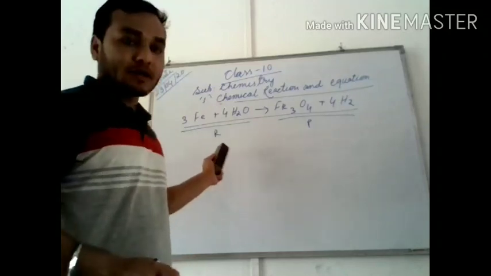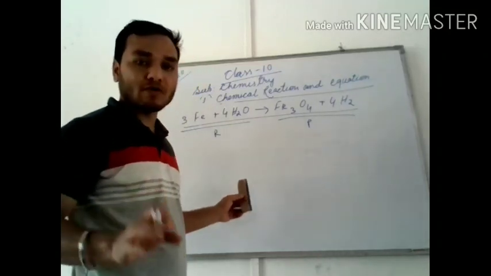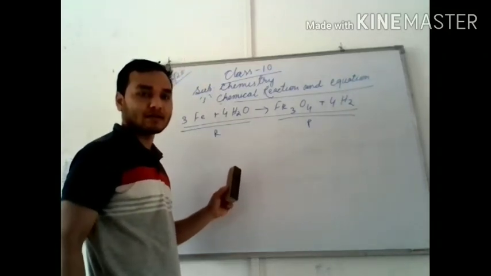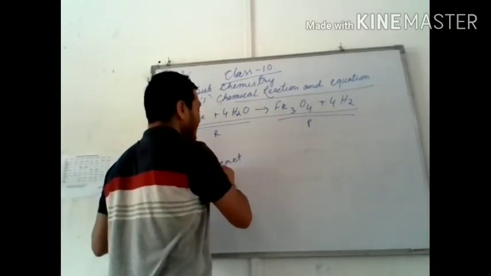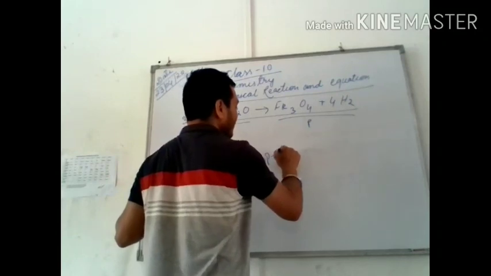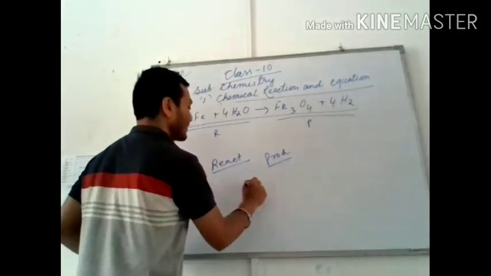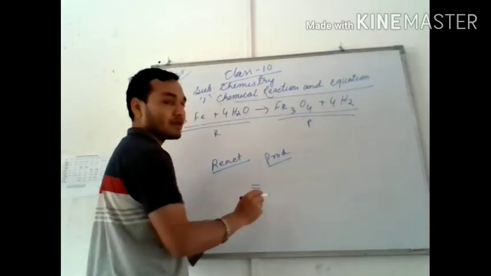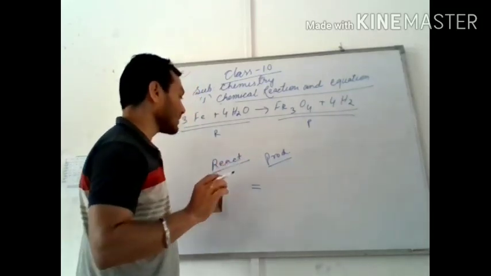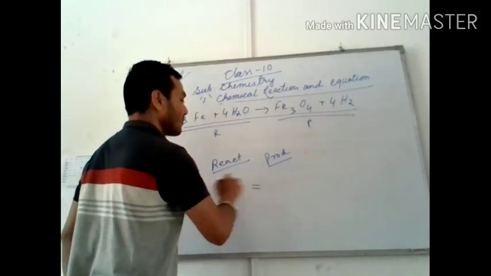Okay, so I hope you all understood how to balance. Both the reactant and product must be equal. This is the way to balance. Both must be equal.